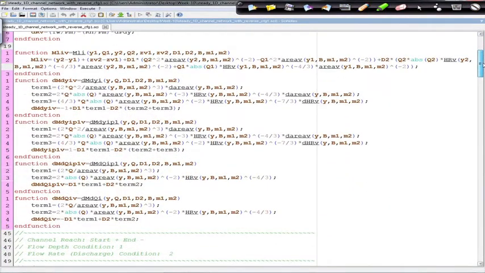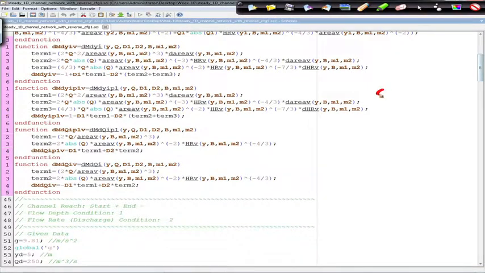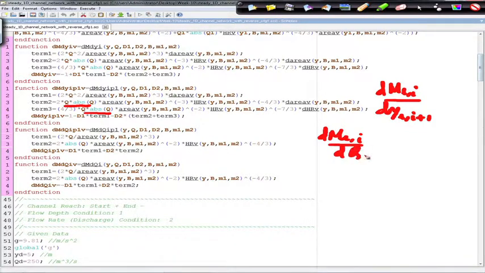Similarly, for dml I divided by dy li plus 1, again this is changed to q into abs q, but for d ml I divided by dq li plus 1, I have changed this q in the term 2 as abs q, and d ml I divided by dq li I have changed it to abs q here.